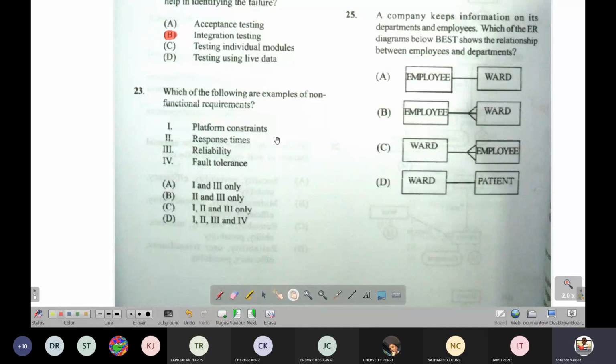Okay, these are the platforms that I wanted to work on. That's a non-functional requirement. That doesn't really affect the operation of the software according to the business rules. Response times. I need the system to give responses within a specific time frame. That is a non-functional requirement as well.